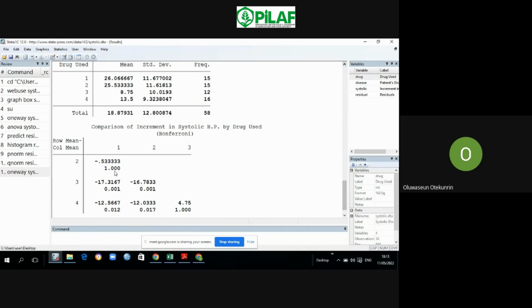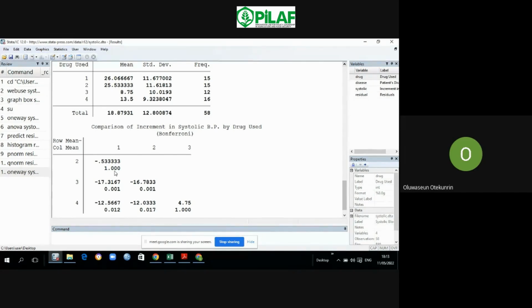If you move to 3 and 2, row mean minus column mean. Again, the row here is 3, that is 8.75. The column here, 2, is 25.533. If you do the subtraction, you get minus 16.7833. That one is also significant, 0.001.